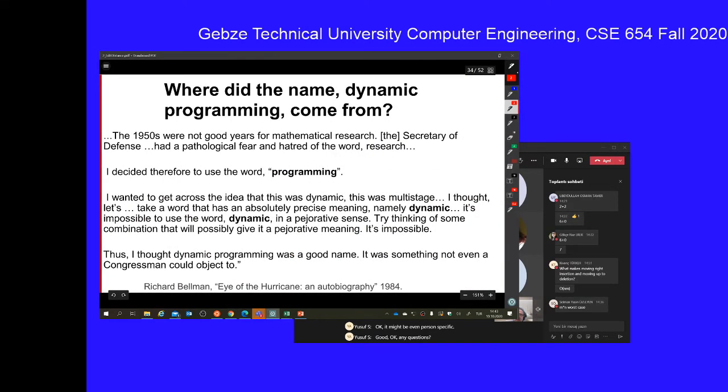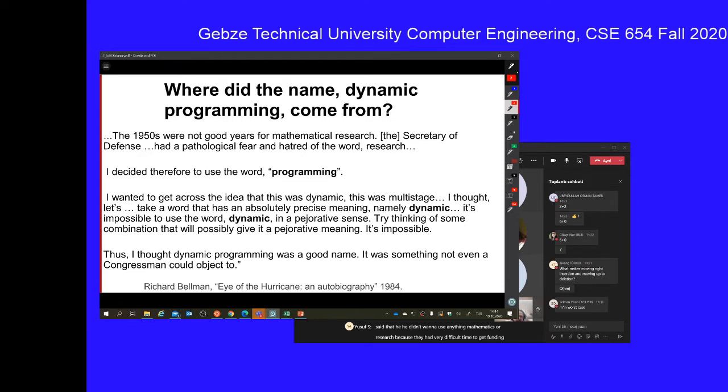Okay. You might wonder why they are calling this dynamic programming. This thing was invented in the 1950s. Somebody named Bellman, this guy, he invented it. He said that he didn't want to use anything like mathematics or research because they had a very difficult time getting funding.